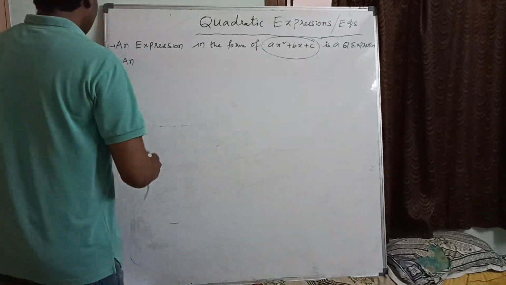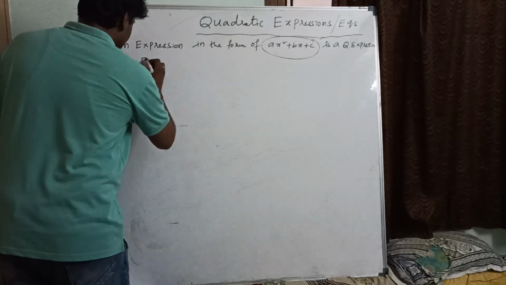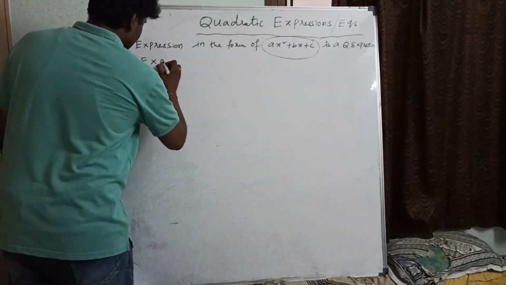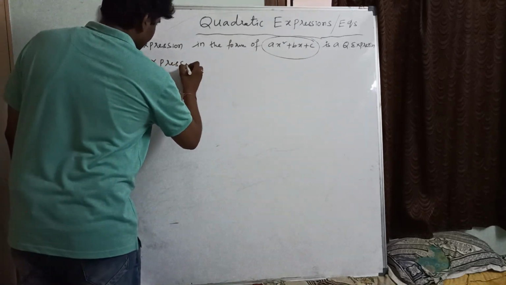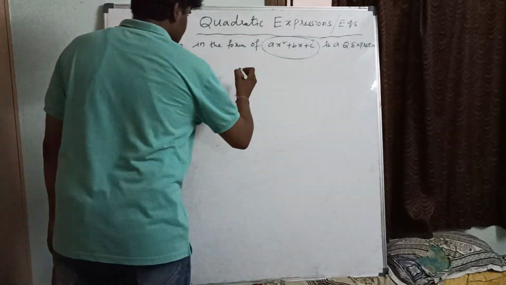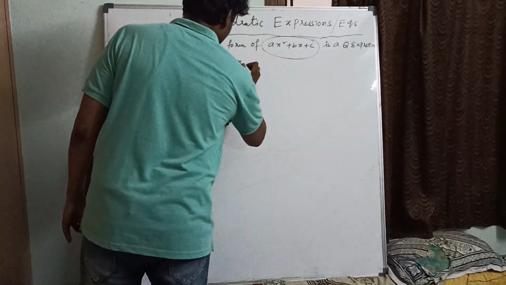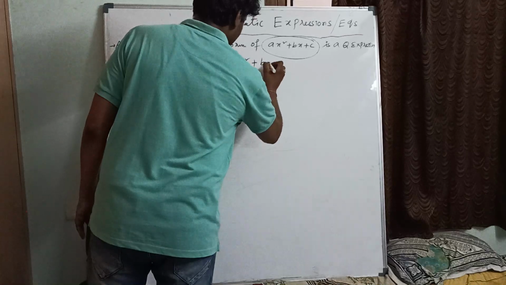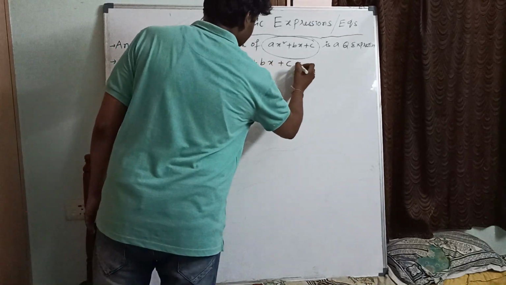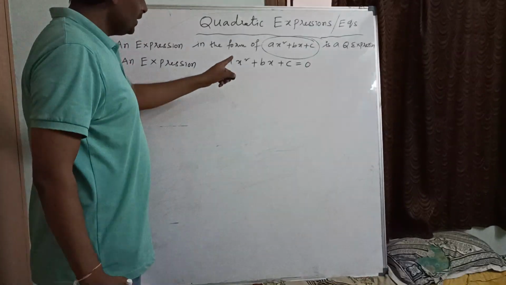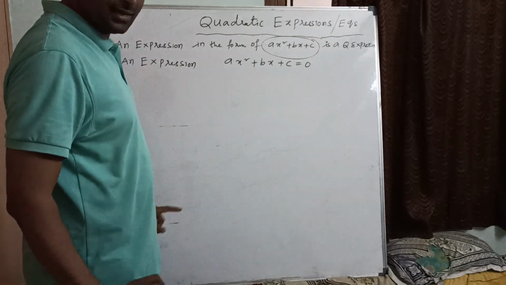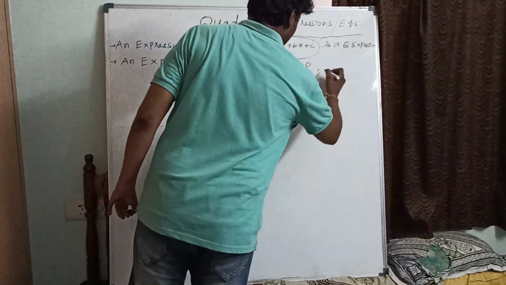So what is a quadratic equation now? An expression in the form of ax square plus bx plus c equal to 0, where a, b, c are real numbers. This is very important.